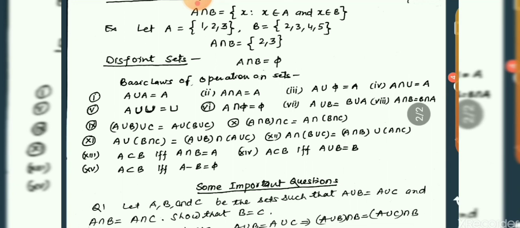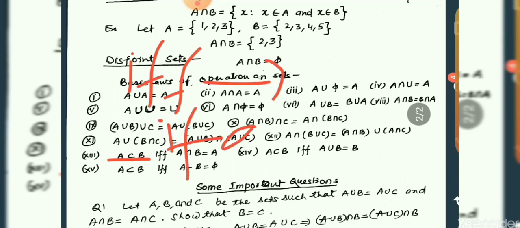Now if A is subset of B, then it is implies and is implied by, means A union B is equal to B, then it will imply that A is subset of B, and if A is subset of B, then it will imply A intersection B is equal to A. IFF means if and only if.